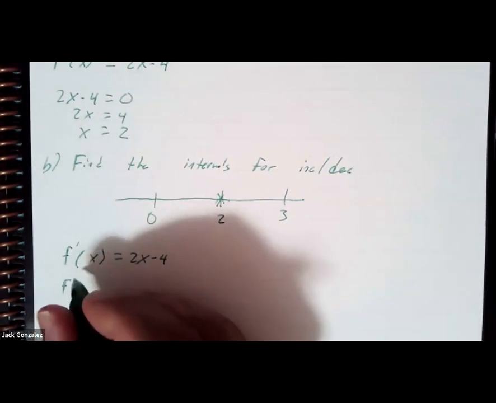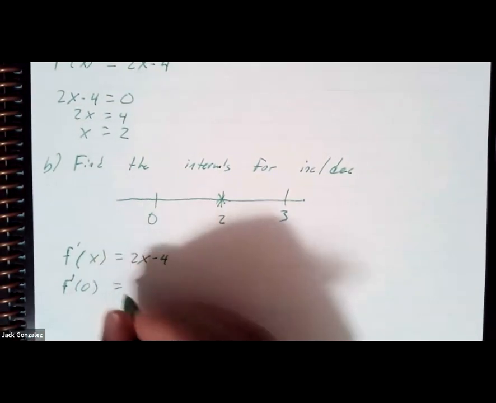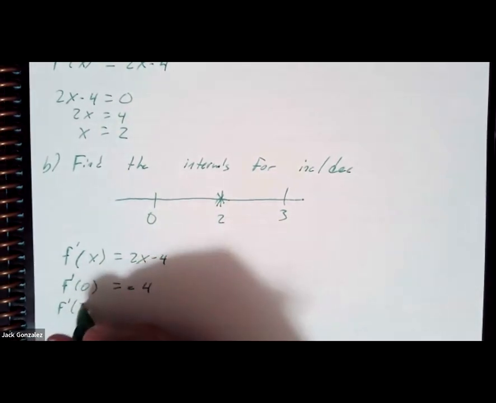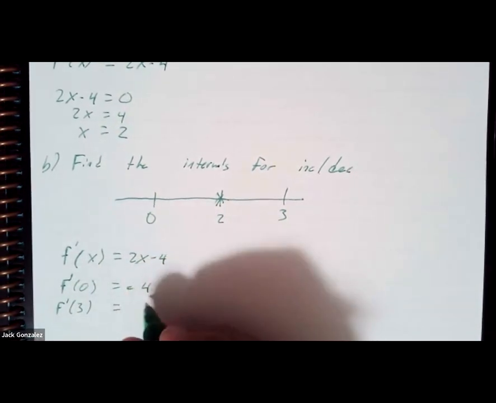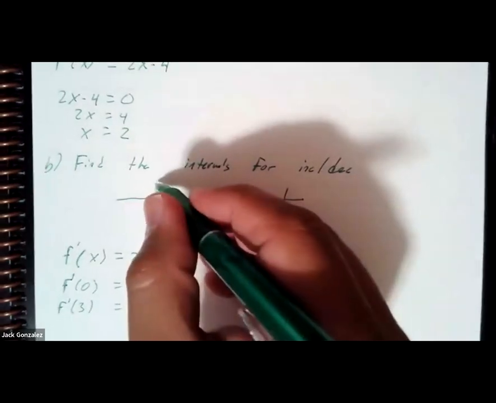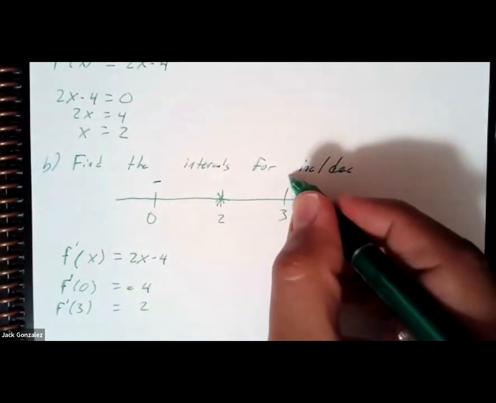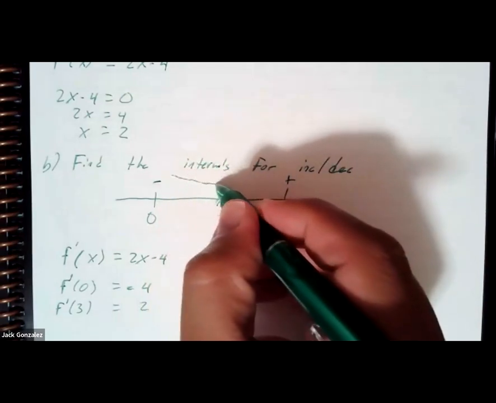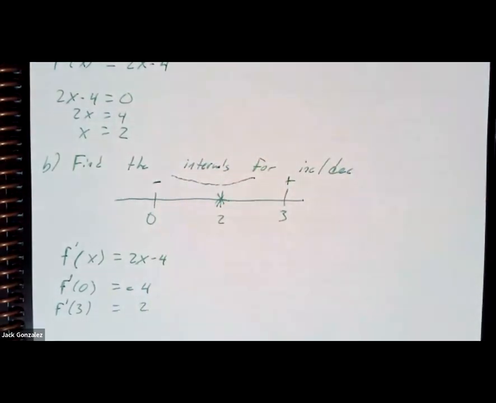The derivative at 0 is negative 4. The derivative at 3 is 2 times 3, which is 6, minus 4, which is 2. So minus, positive.